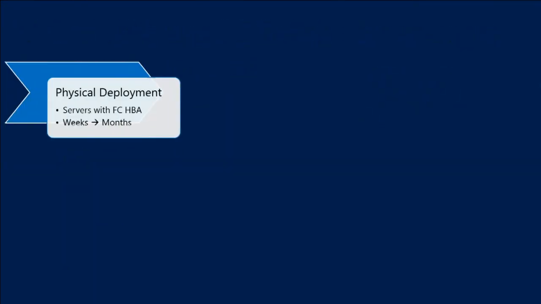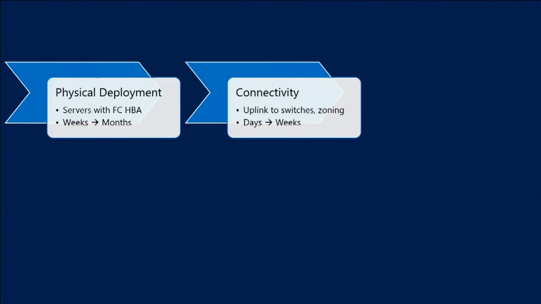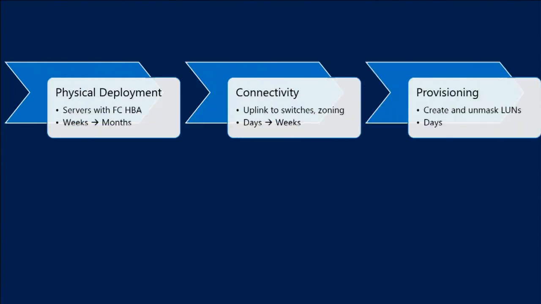Oh, sorry. So just to recap on the differences of how you would do this in a physical world. If you were doing a physical deployment with servers into an environment for SQL, the actual deployment of a physical server probably takes days, weeks to months, depending on when you can actually get it racked and configured. The connectivity, in other words, the zoning and all the work that has to be done, could take days or weeks.